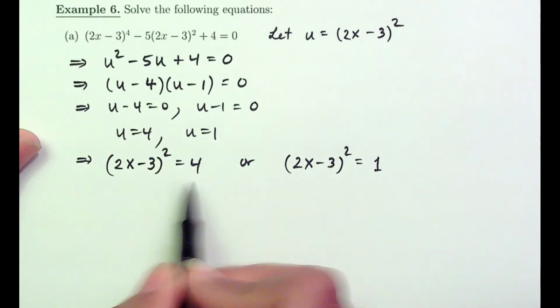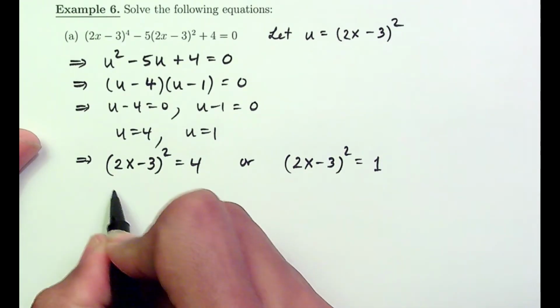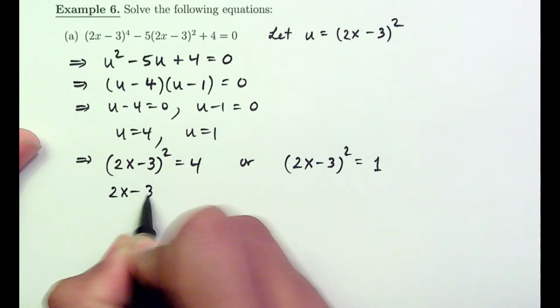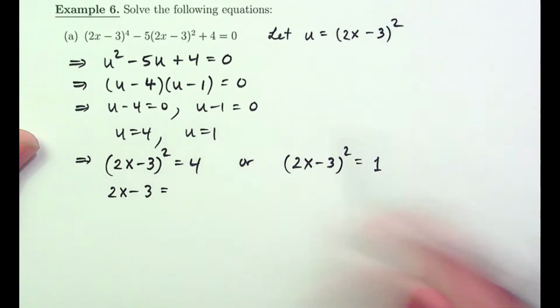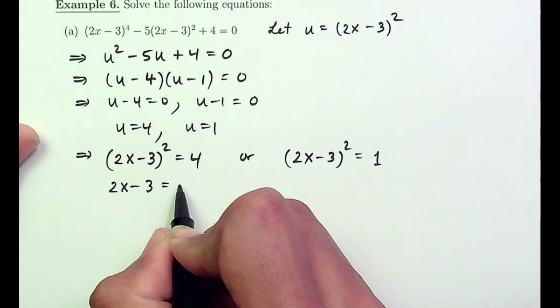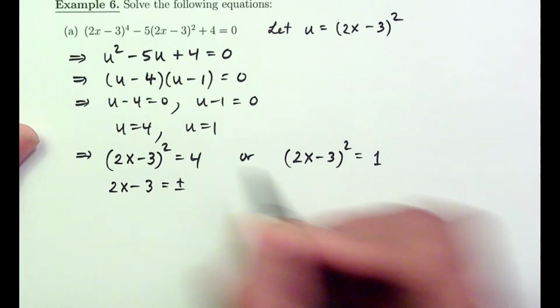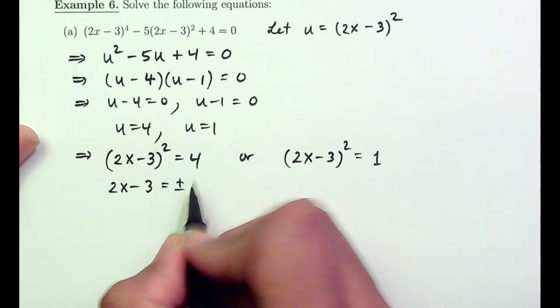Okay, now the easiest way to proceed would be to take square root on both sides. So take square root on both sides, because it's already in the form something squared equals a number. So we can just take square root on both sides. And this would be plus or minus. Remember, when you take square root on both sides, you'd have to put plus or minus. Plus or minus the square root of 4, which is 2.